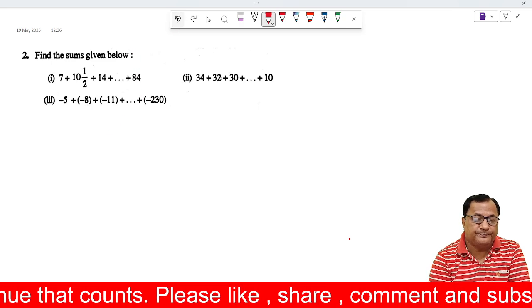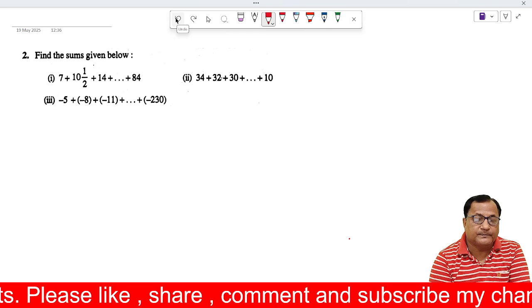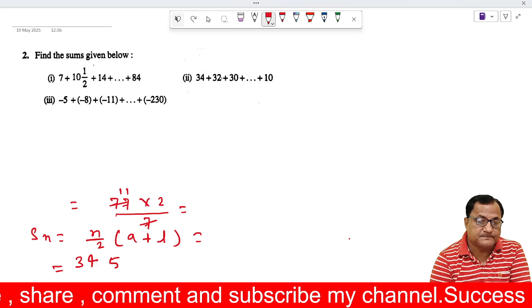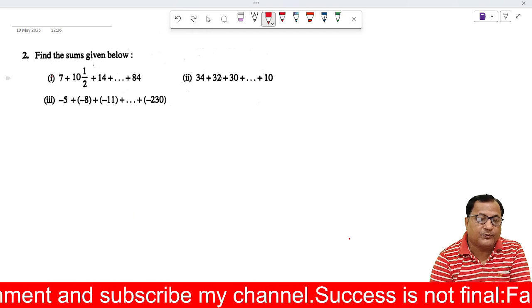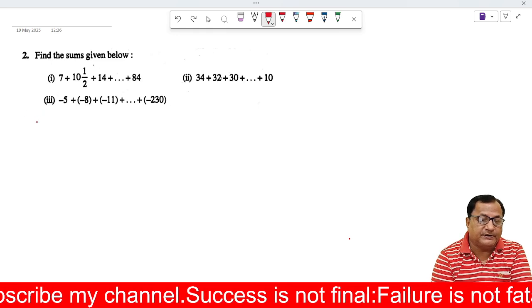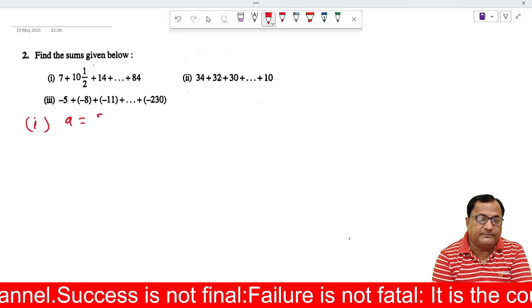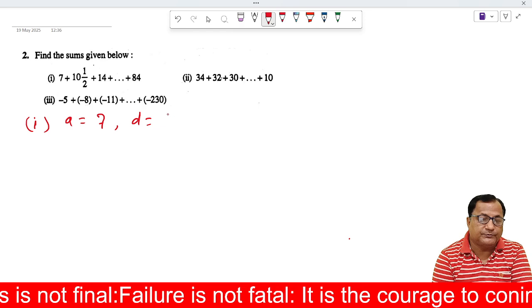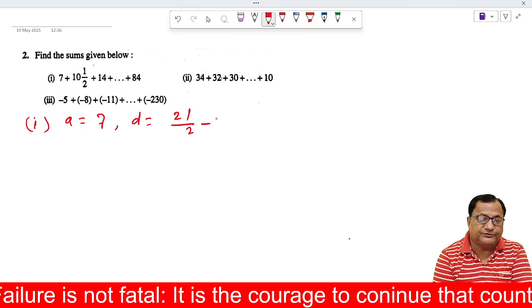Question number 1, 2, 1. Here A is equal to 7, D is equal to 21 by 2 minus 7.